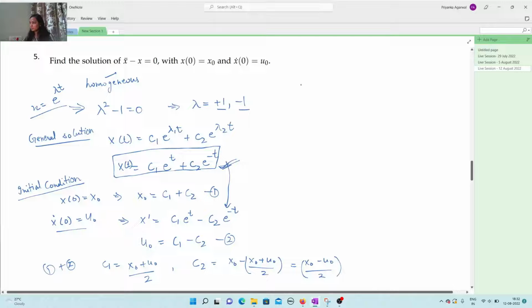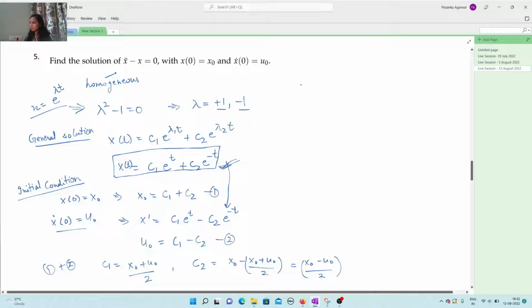So this has been taught in the lectures, how to deal with such roots of the characteristic equation and how to write the general solution for this.